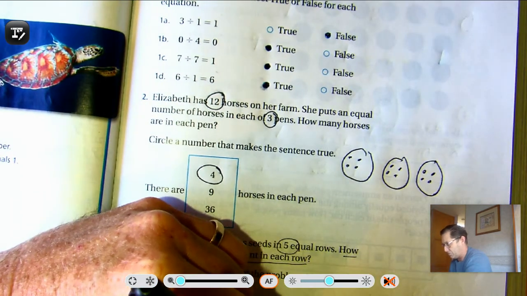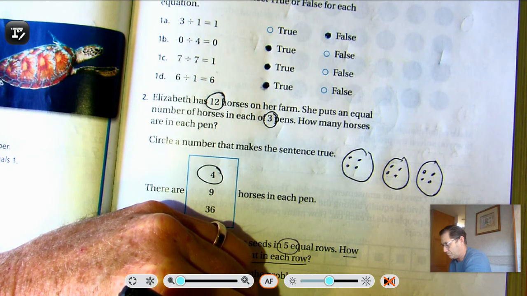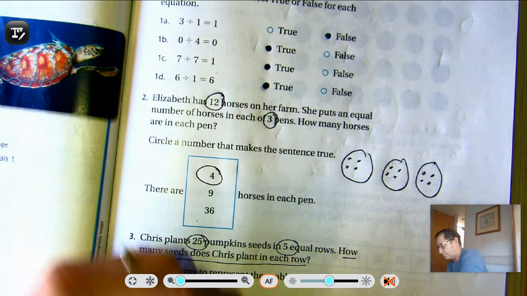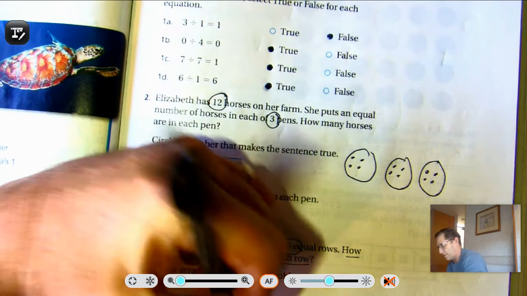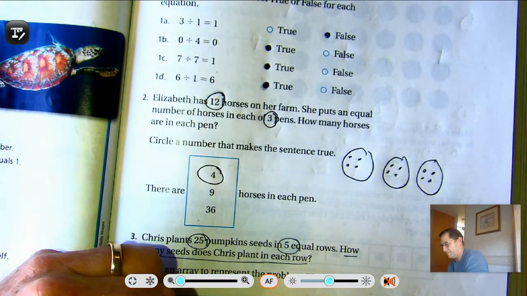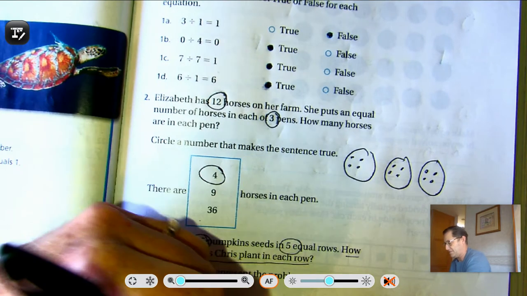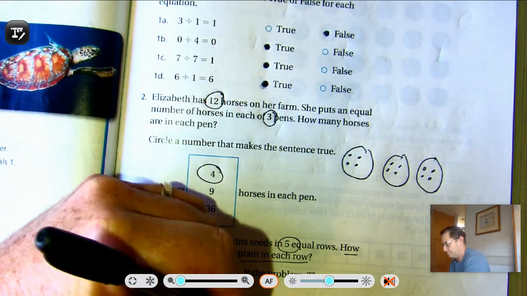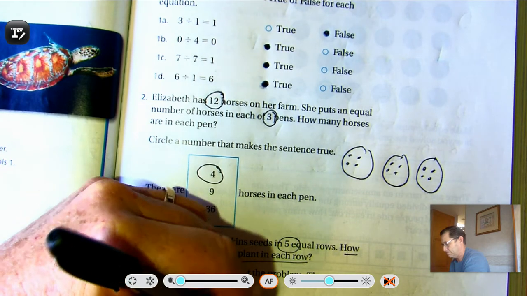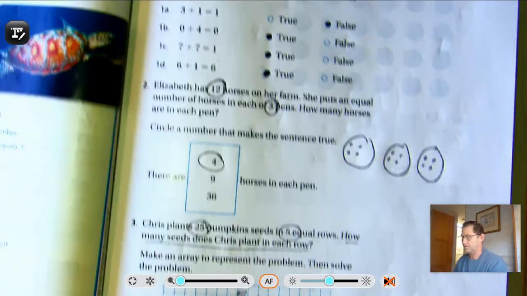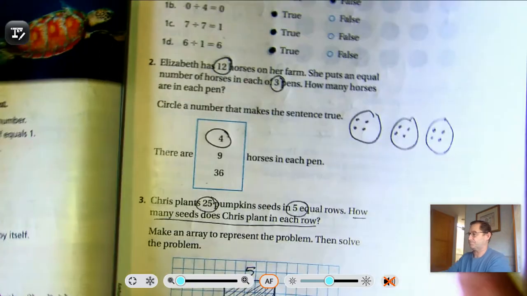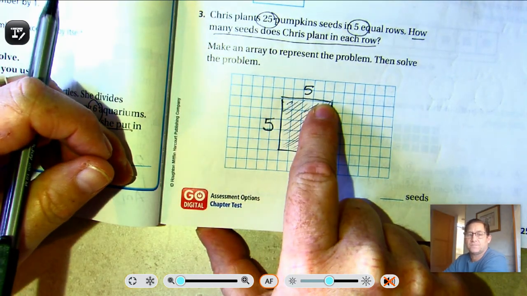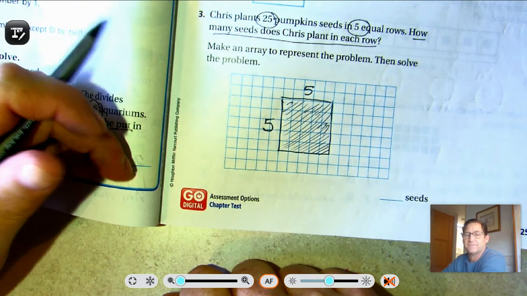And 5 in each row. Five rows, 5 in each row would be 25.